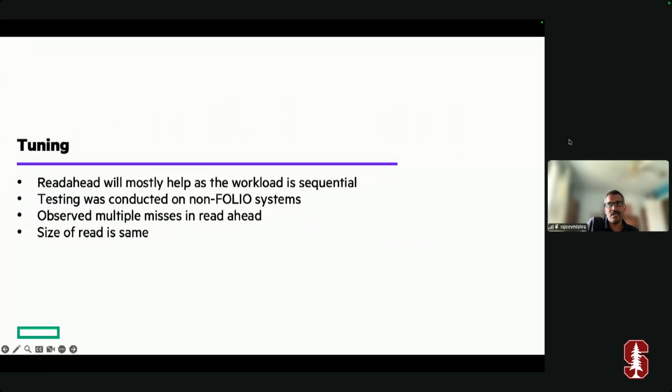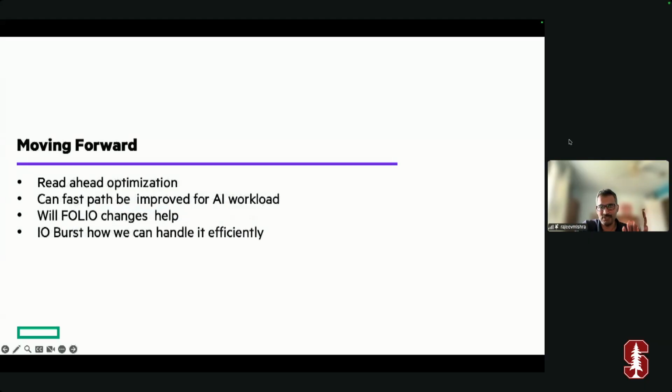Another observation was that as the workload was increasing, there were a lot of misses in the read ahead. We wanted to tune it further, but we didn't have a conclusion at what point it would be best. We did the standard setting, and read ahead was definitely helping because of the sequential pattern we have already seen.